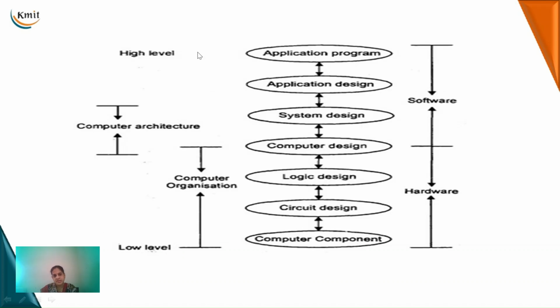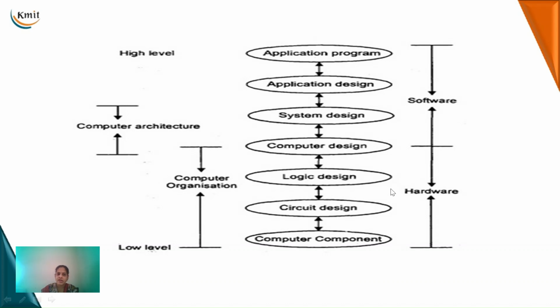If you look at the diagram, it gives you the difference between computer organization and architecture. The organization part is more about the hardware components and the connections between them, the low level design. But computer architecture is a high level, high end design.